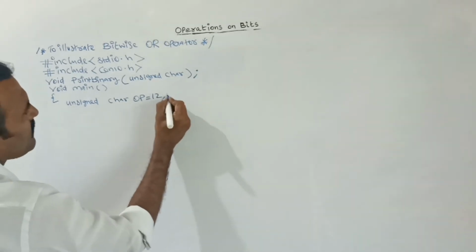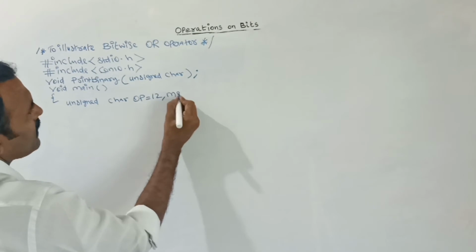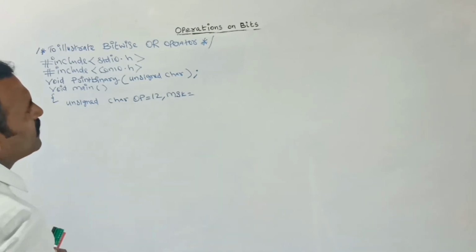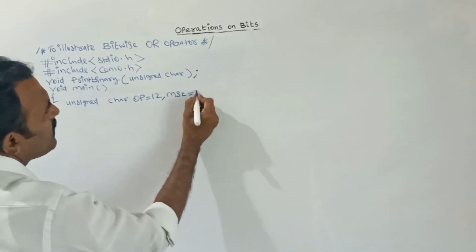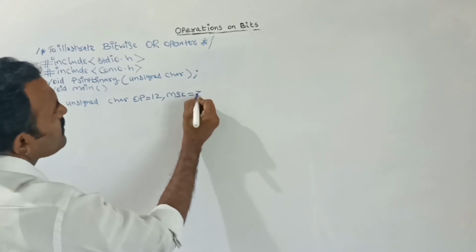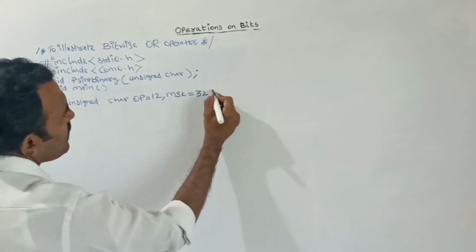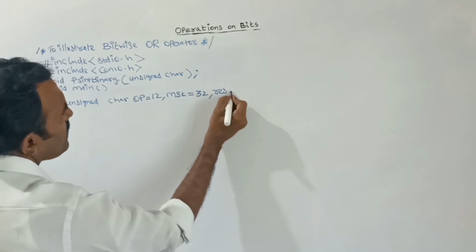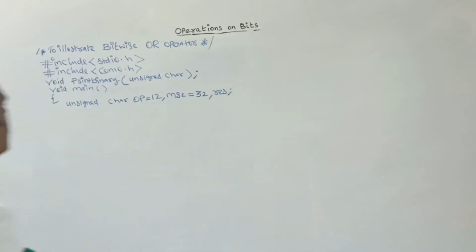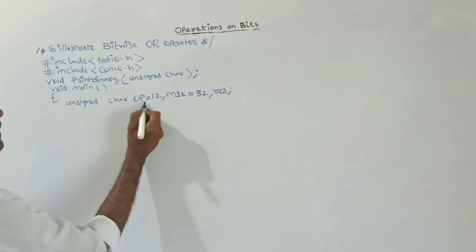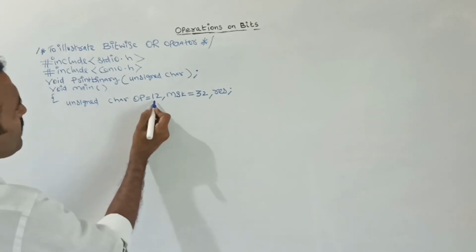Next, the mask value, MSK. Mask is equal to, suppose I want to find the fifth position, then what is the mask value? 32. Next, for the result, I have declared the variable res. Say I want to print this operand's binary value.